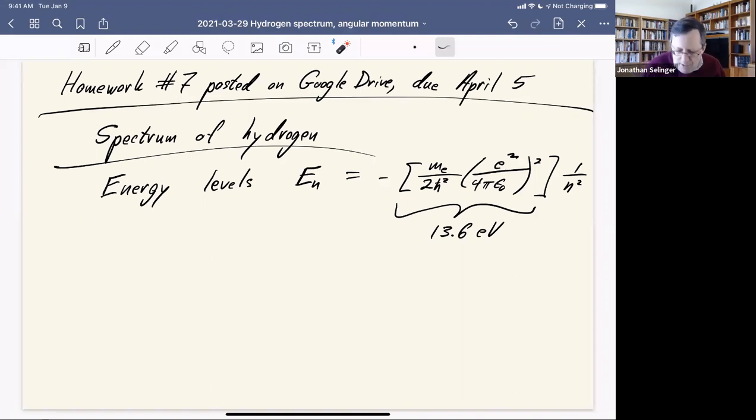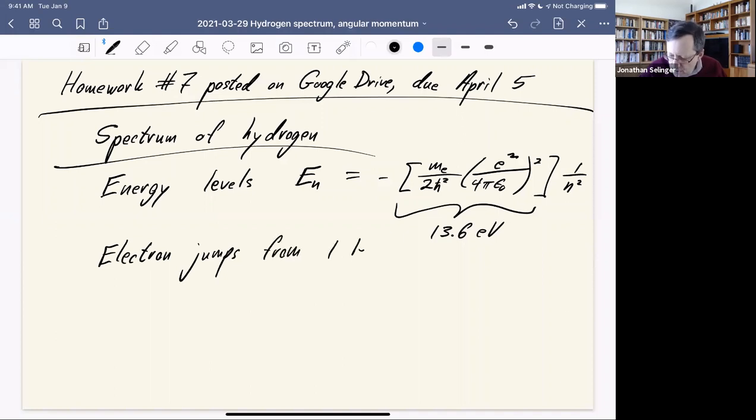And the remaining point that I wanted to mention briefly is that in experiments, as time goes on, the electron can jump from one level to another. Okay, so if we say the electron jumps from one level to another, and then it absorbs or emits energy.